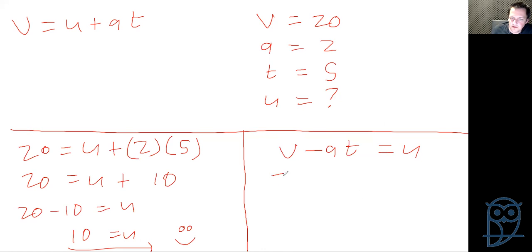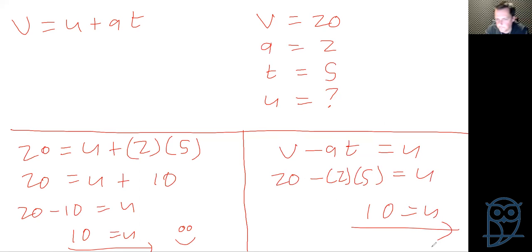We sub in our values, 20 minus 2 times 5 equals U. 2 times 5 is 10. 20 minus 10 is 10. Done. Both of them give you the exact same answer, which we're expecting because it's the same thing.